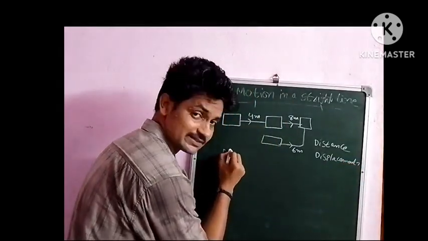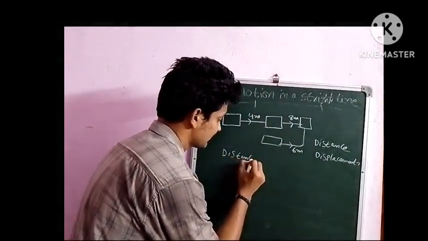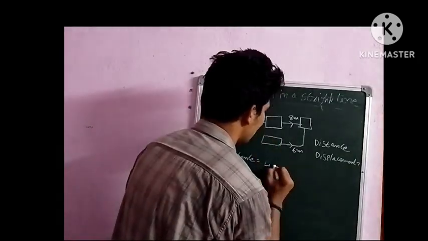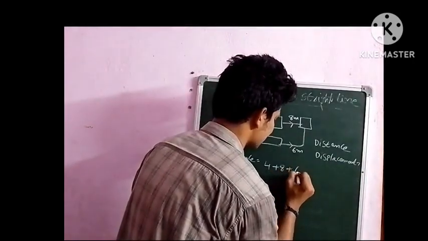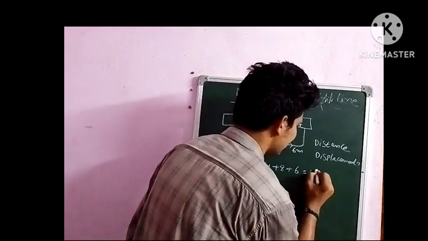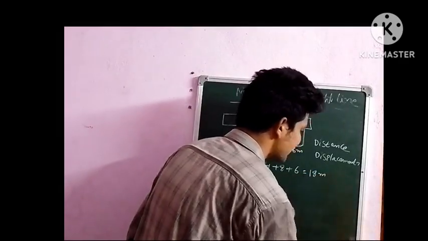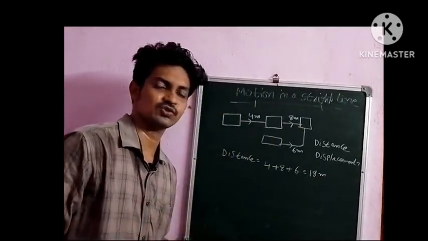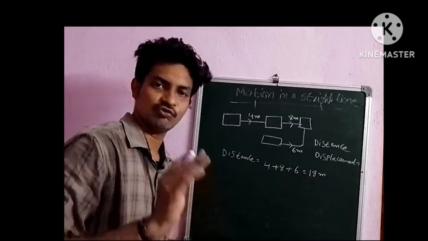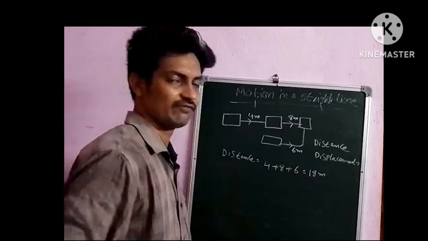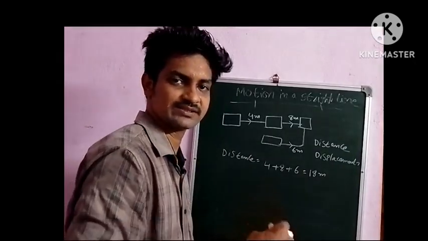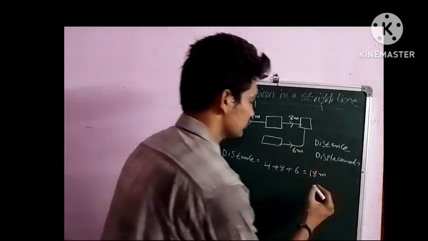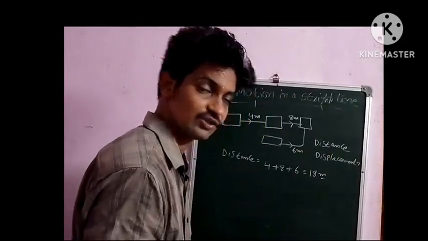Distance is nothing but path length: 4 plus 8 plus 6, that is 18 meters. Guys, every physics student must know the units. Units are necessary in physics. Whatever you learn in physics, units are a must. So you must learn the units by heart and understand them.